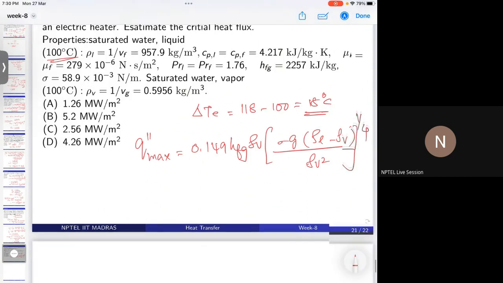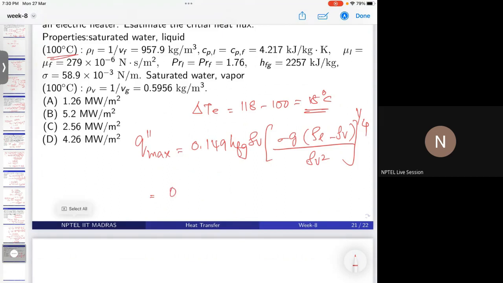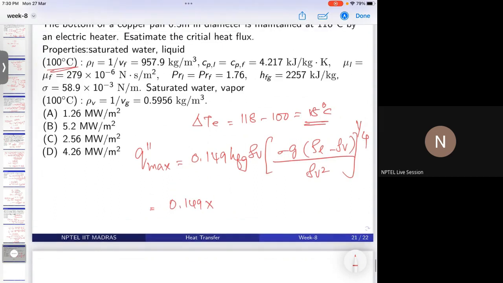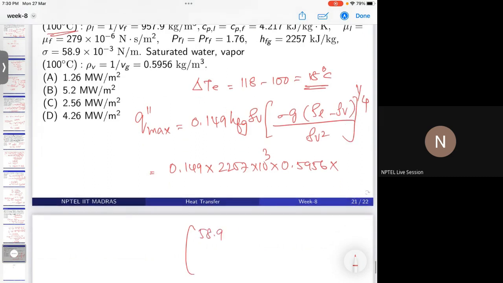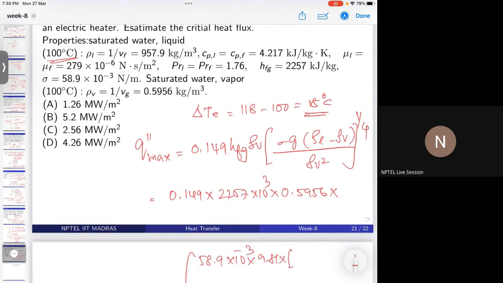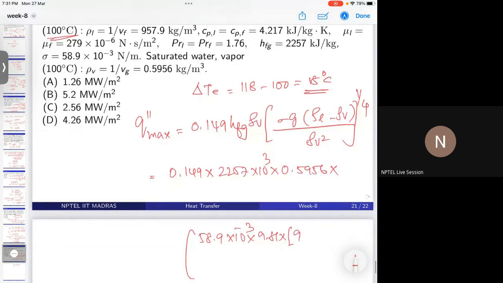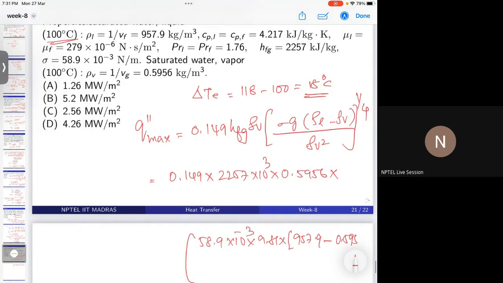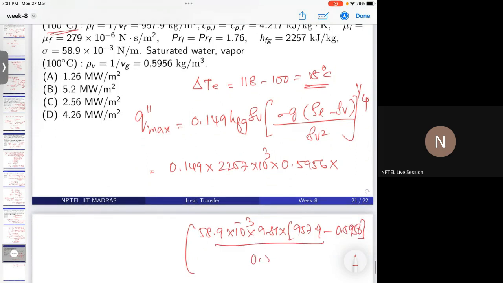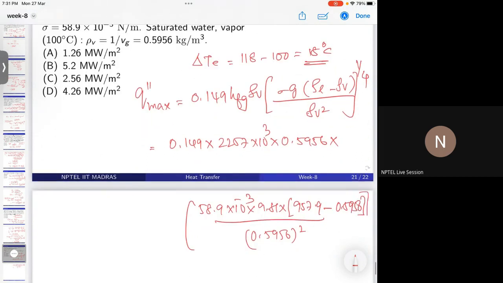So it is equal to 0.149 into HFG, which is 2257 into 10 raised to 3, rho V is given, that is 0.1596, into sigma 58.9 into 10 raised to minus 3 and 0.81 into rho L, 957.9 minus 0.5956, the whole divided by 0.5956 the whole square, raised to 1 by 4.